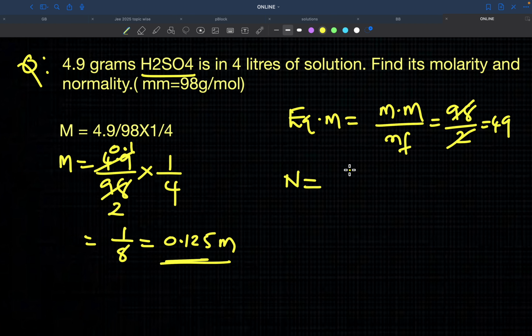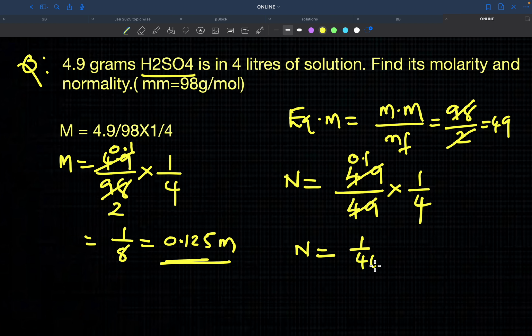Normality equals weight given, 4.9, over 49, into 1 by 4. So normality would be 0.1 by 4, which is 1 by 40, which is 0.025 normal, gram equivalents per liter.